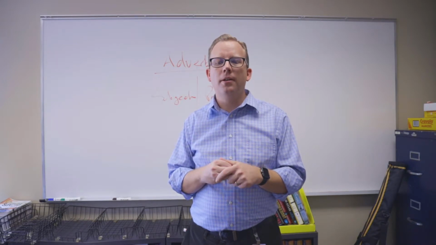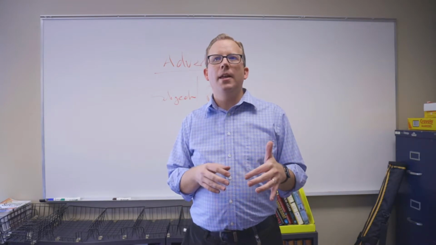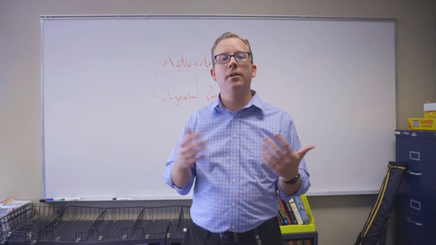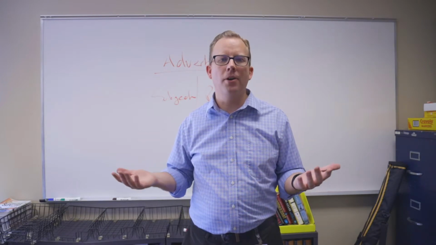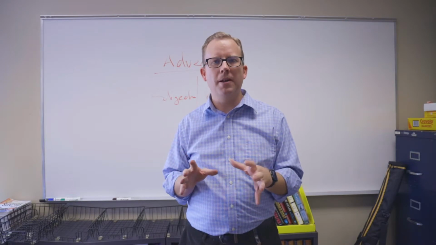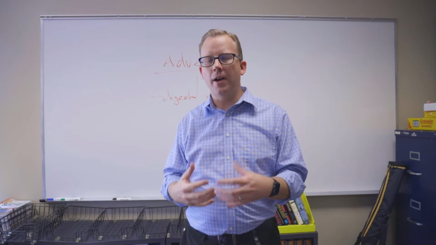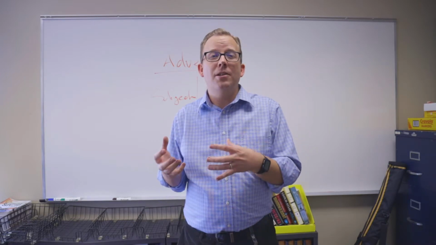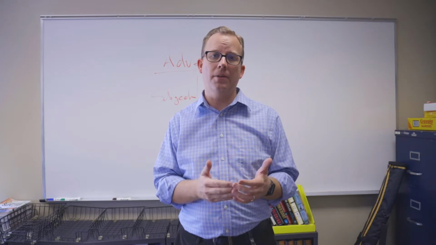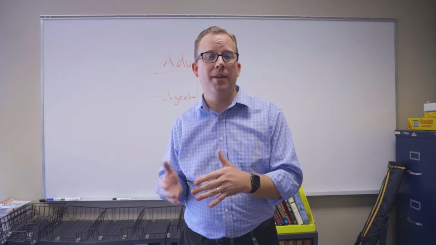And based on the specific situation, what it's describing is going to tell you whether it goes in front of the word or after the word, whether it has an ly at the end or not. It's too much to explain in one video, but I just want to make this point. Adverbs are modifiers that describe just about everything in a sentence except for nouns. That job is reserved for adjectives.